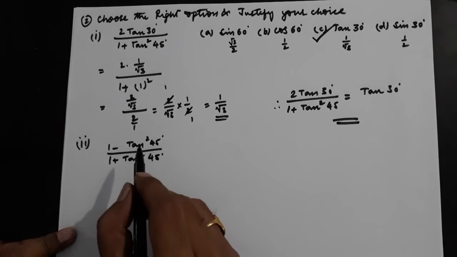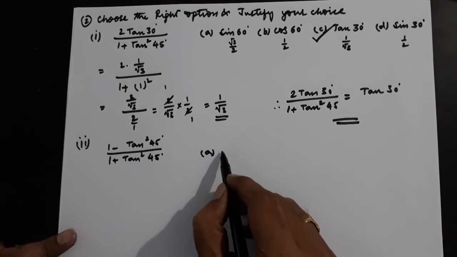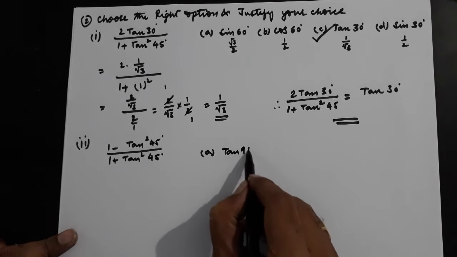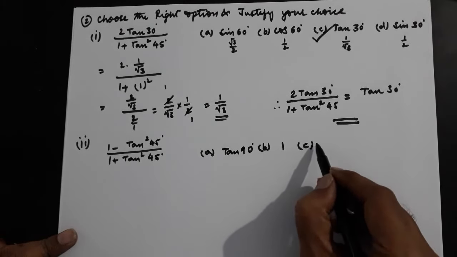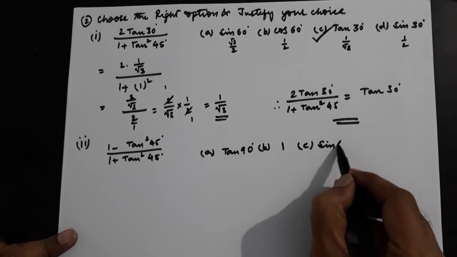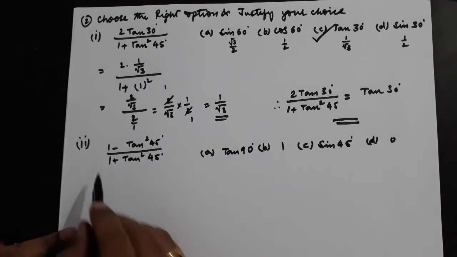Okay. So the options given for this are A tan 90 degrees, B is 1, C option is sin 45 degrees, D option is 0. Okay, let's see how much it will be.